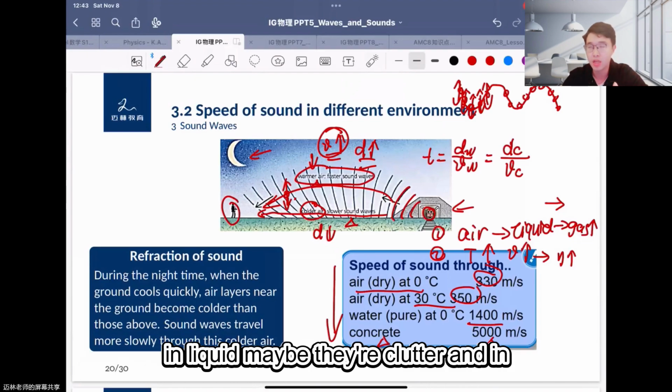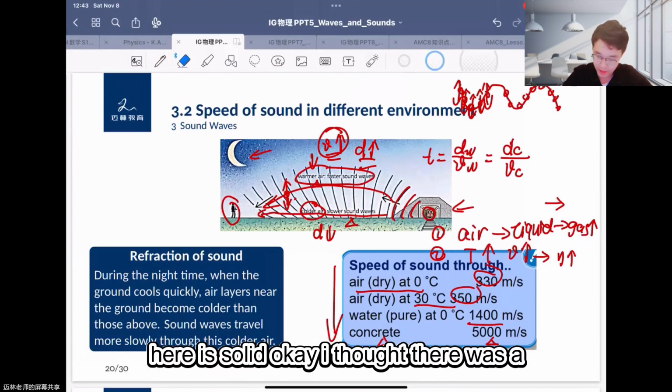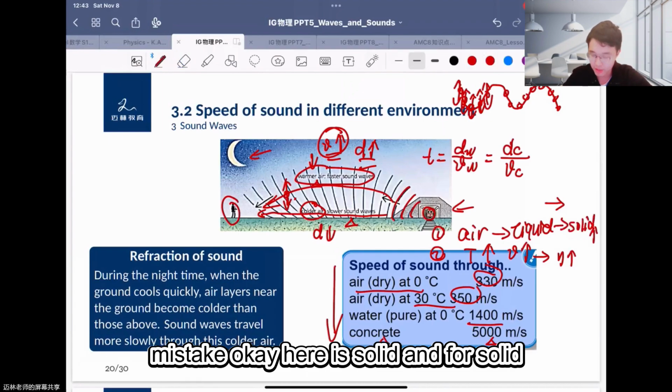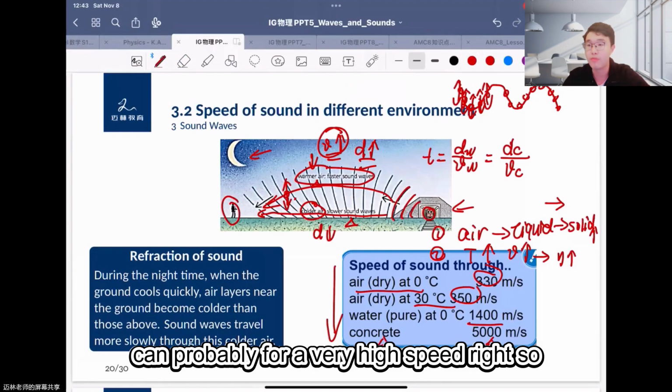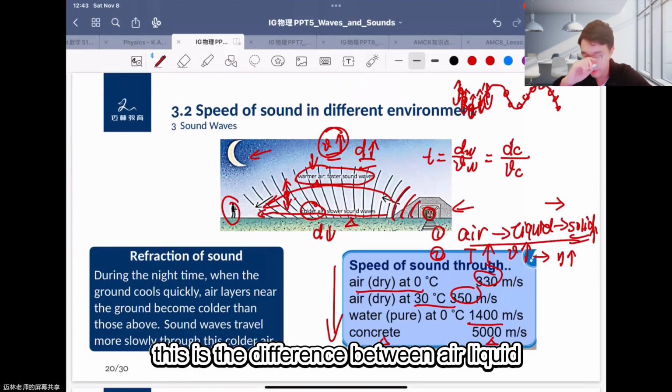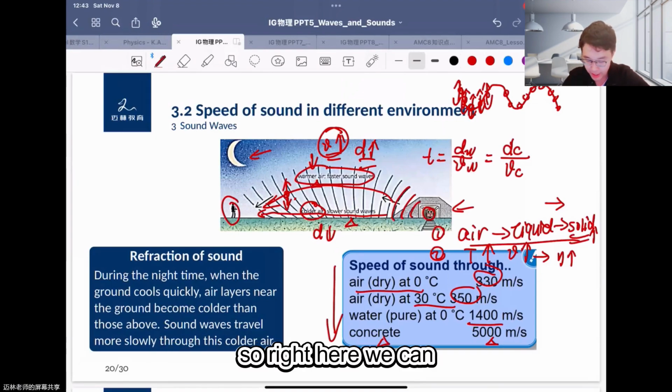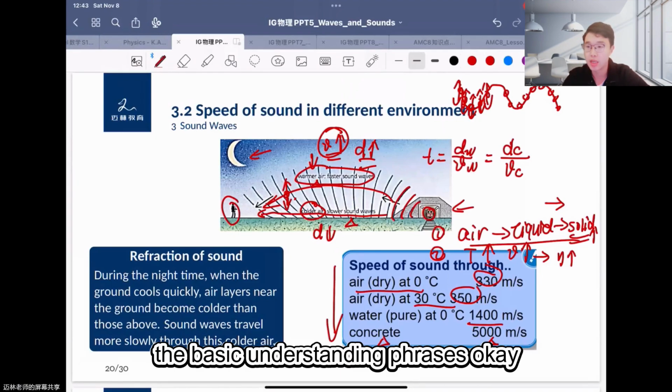And then in liquid, maybe they're closer. And, sorry, here is solid, okay. I found there's a mistake, here is solid. For solid, we can say their density is the highest and sound can travel at a very high speed, right? So this is the difference between air, liquid, and solid.